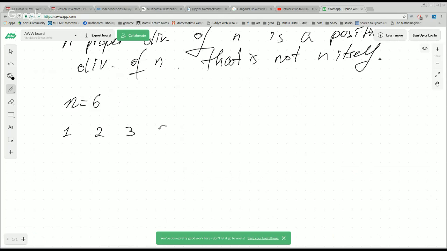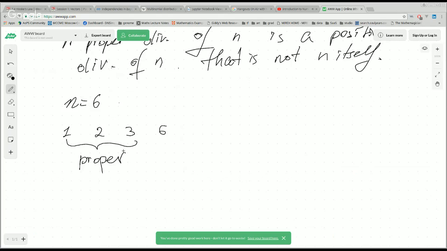Now, 6 is a divisor of 6 because 6 over 6 is 1. But only 1, 2, and 3 are the proper divisors. Remember, the proper divisors are the divisors that are not the number itself. Okay? So 1, 2, and 3 are my proper divisors. So that's the notion of a proper divisor.